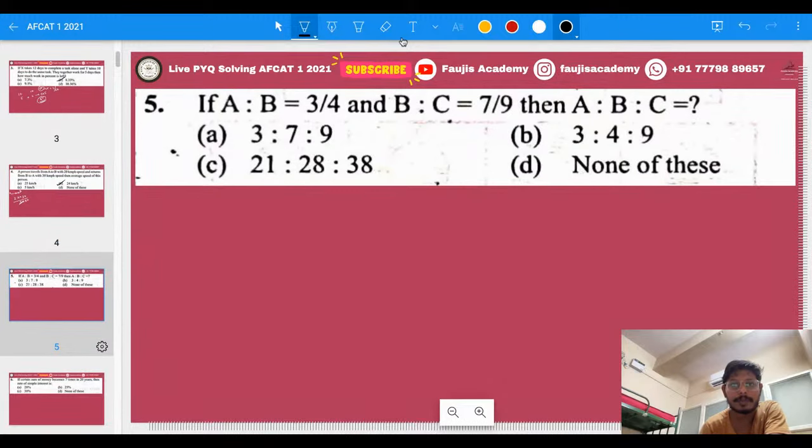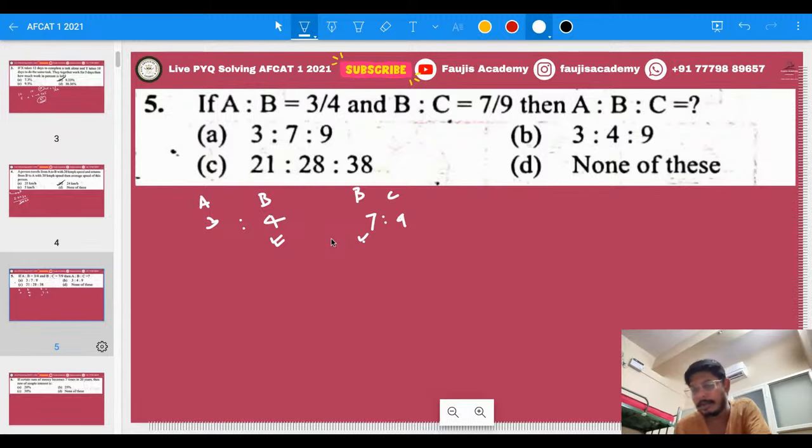Okay. The next question is A is to B is 3:4, right? And B is to C is 7:9, right? A is to B is this much, and B is to C is this much. What we are doing is that we are equating these two values.